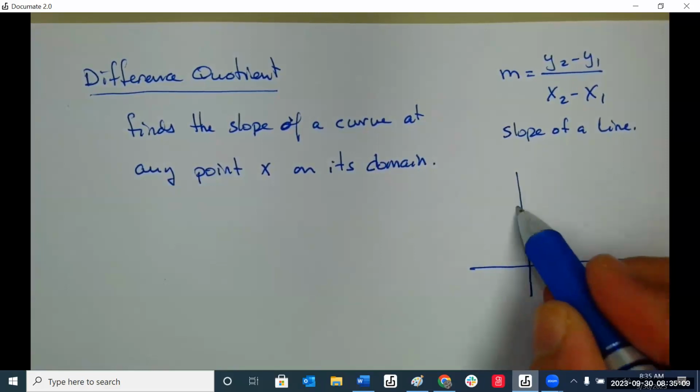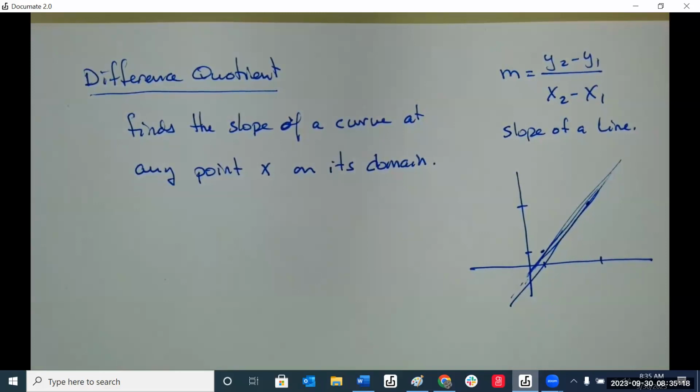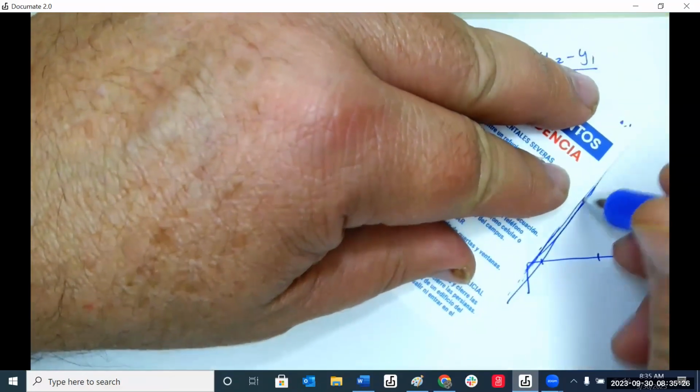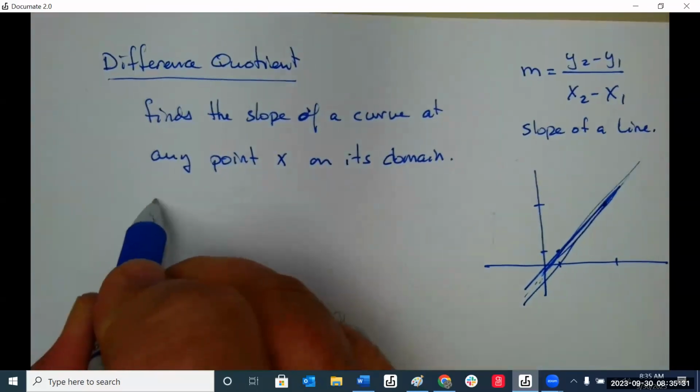Here in chapter 1, we had 2 points. We connected the dots and we found the slope.